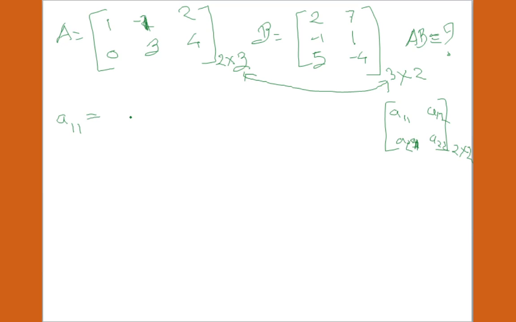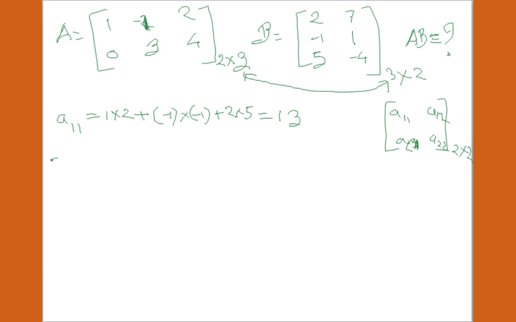First row, first column, corresponding elements: 1 into 2 plus minus 1 into minus 1 plus 2 into 5. So 2 into 5, 10, minus 1 into 1, 1, plus 2, this is 13.